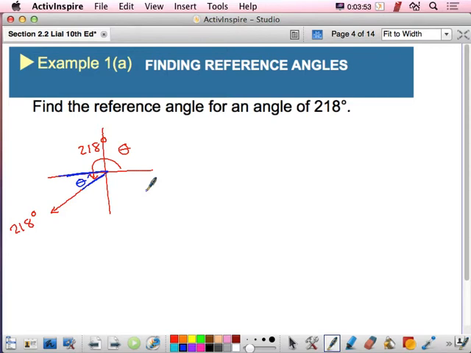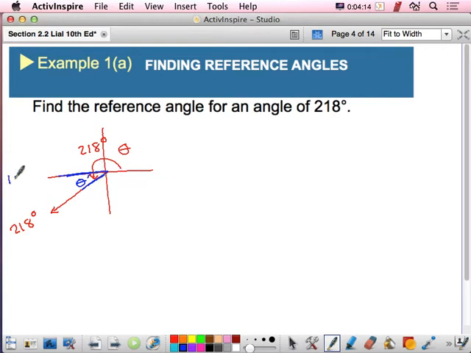I need to know how much that is. Does anybody have any ideas? Subtract 180. Why would that work? Because it's the straight half, so it'll take off this part, and then it will leave us with just this part.